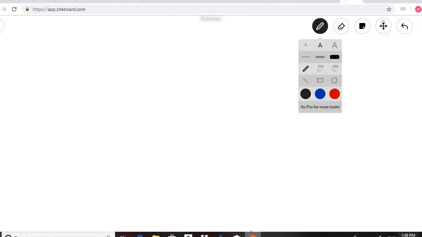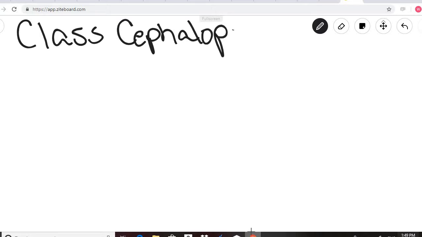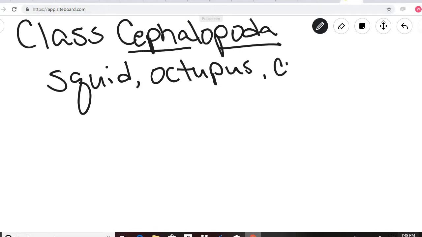Okay, so we're still talking about the mollusks, but the next class are the cephalopods. And this literally means head foot. So we had stomach foot, and now we have head foot. And these would be things like squid, octopuses, and cuttlefish.